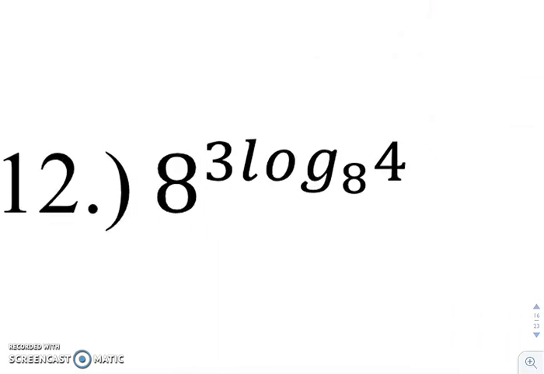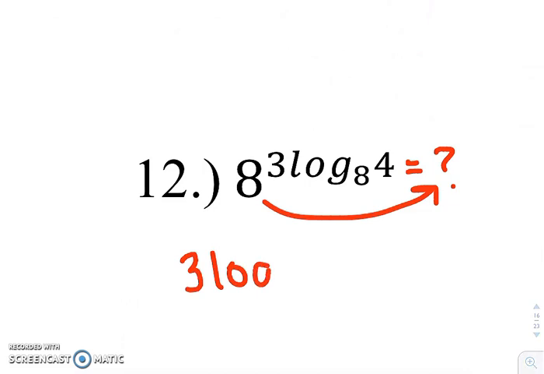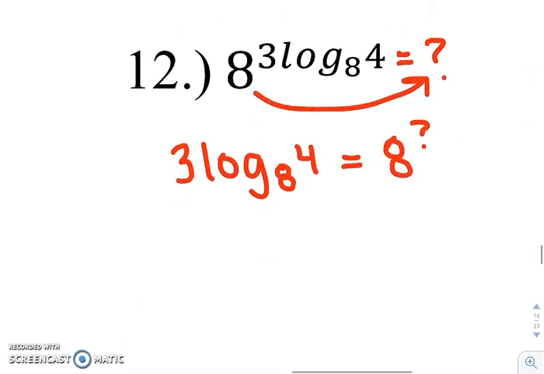12. We do have a log base 8, but what about that 3 hanging out there in the front? Well, if we rewrote this, we would bring that 8 over, so we would have 3 log base 8 of 4 equals 8 to what power? Well, remember, our properties say that if we have a coefficient out in the front of a log expression, that becomes an exponent.